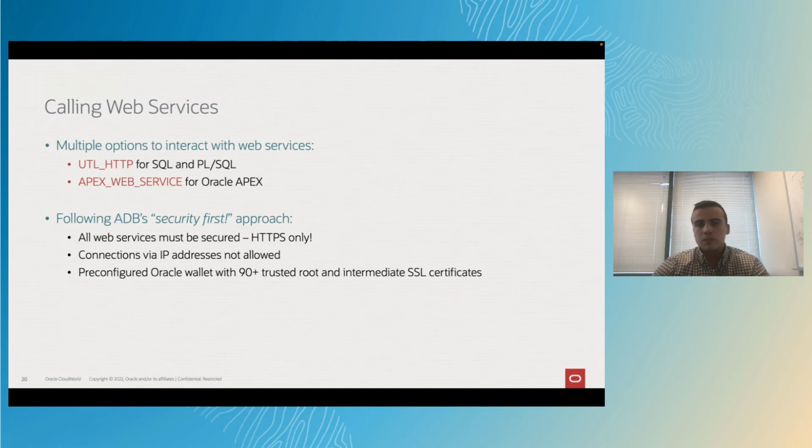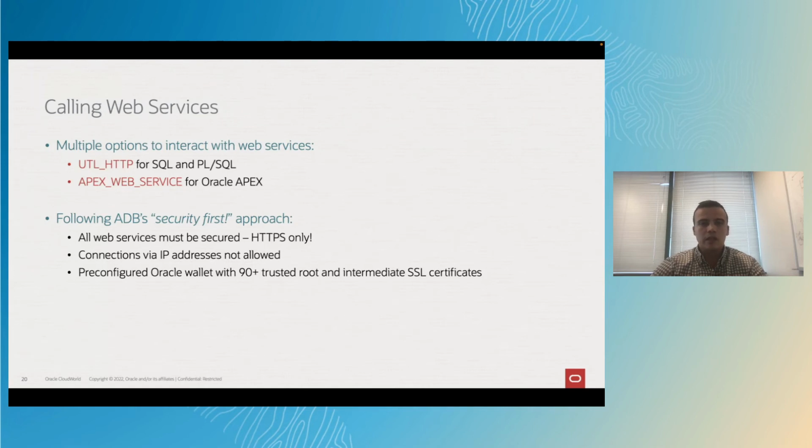When we talk about HTTPS, of course, this brings the question in mind about what about wallets? When you're using HTTPS, you have to use a wallet. Do I have to create my own wallet? How do I make sure that it includes all these certificates? Thankfully, you do not have to worry about it. Again, Autonomous Database is all about automation and simplicity.